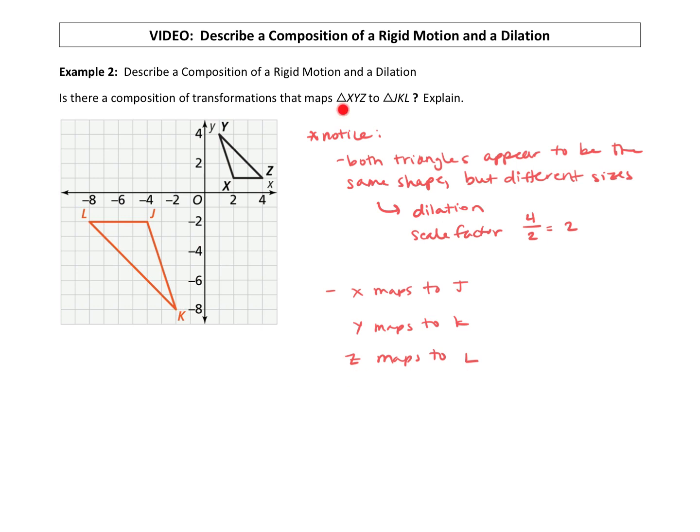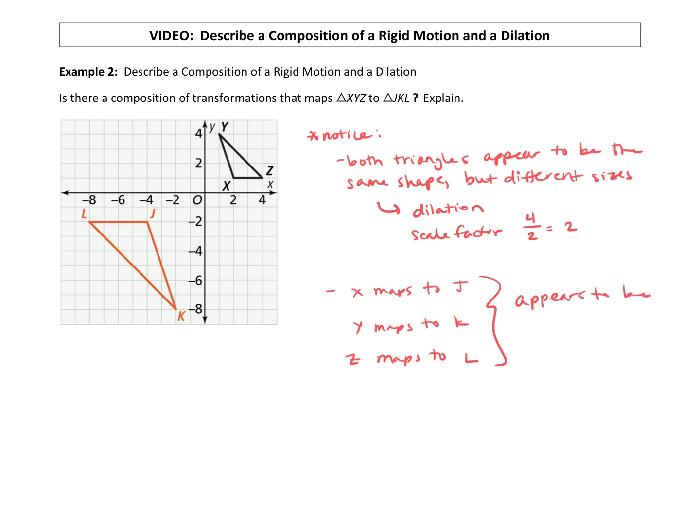And again, we can figure out which vertex maps to which vertex from this right here. So Z maps to L, again going through the origin in a straight line. When we notice that that happens, we're looking at a possible rotation of 180 degrees.